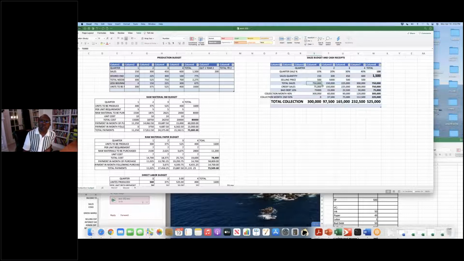Right here, the first quarter sales, where it says 150 times 500. How much is that? 150 times 500 is 75,000.